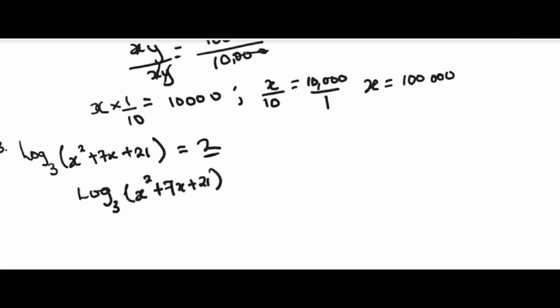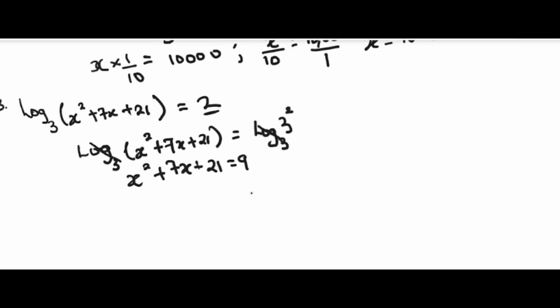So that will be log 3 in base 3 raised to the power of 2. So this will cancel out, and then we'll have x squared plus 7x plus 21 is equal to 9.